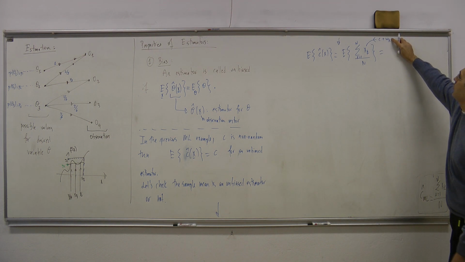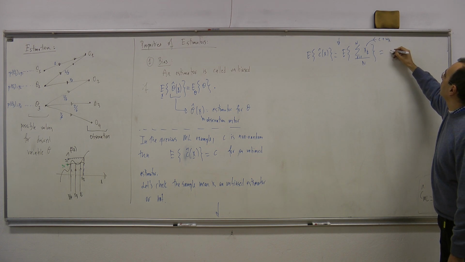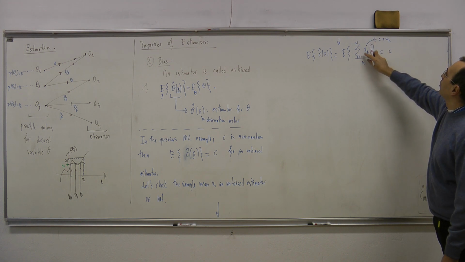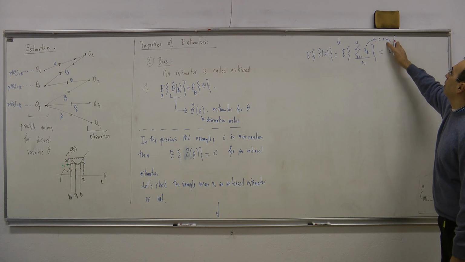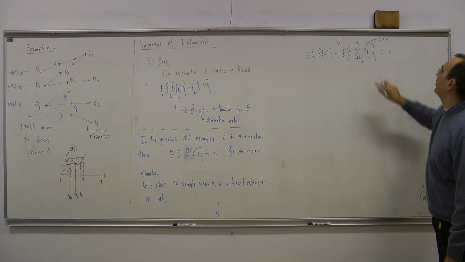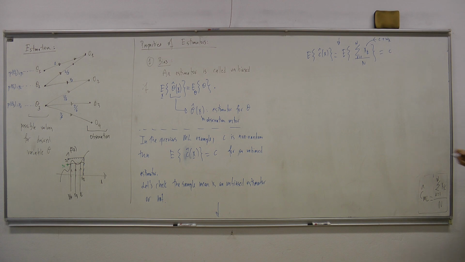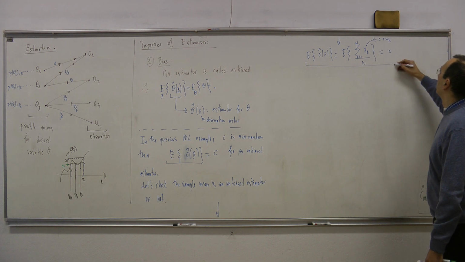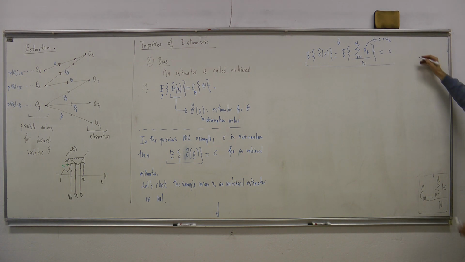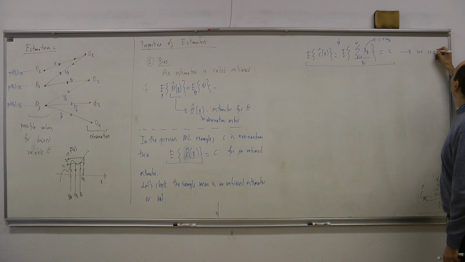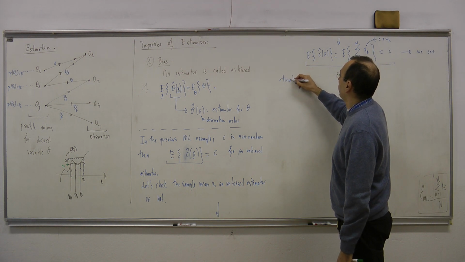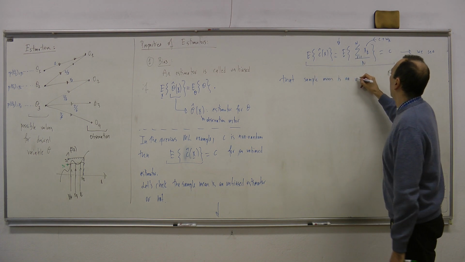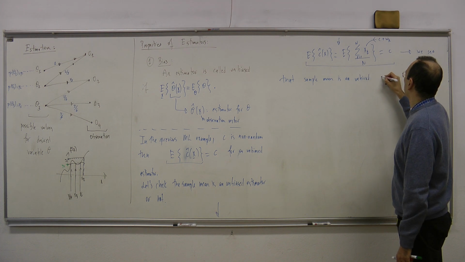Noise is zero mean and C is constant, so this is C, because the expectation of the noise is equal to 0. So I have C times n divided by n, so I get C. Since I have C here, we see that the sample mean is an unbiased estimator.